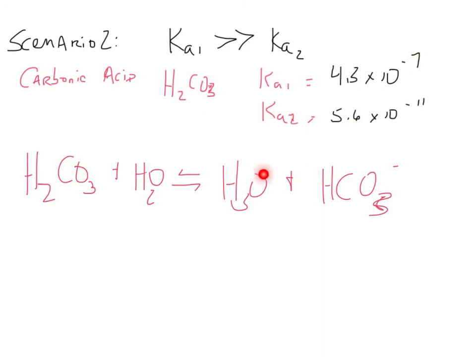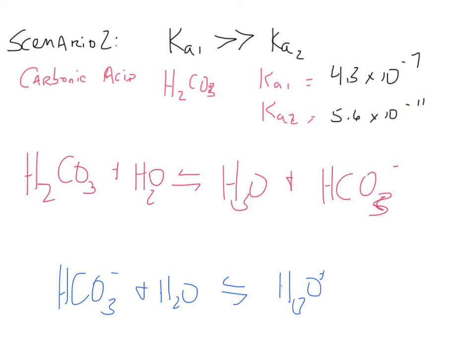Then when we move to our second dissociation, I've got HCO3 minus plus water gives me H3O plus, plus CO3 2 minus. And when I'm doing my pH calculations, I'll actually use this value.